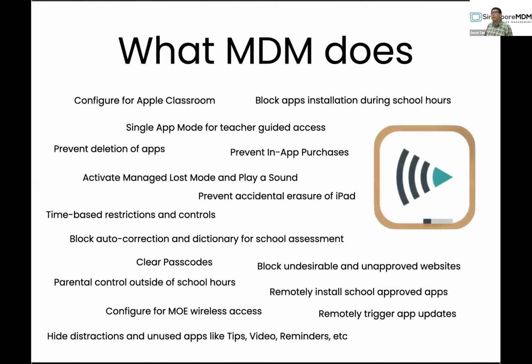In essence, it helps the school and parents manage and control student device use within school hours and outside of school hours. This is just a small sample of what the MDM can do. I'll pause here for a moment so that you can have a look.